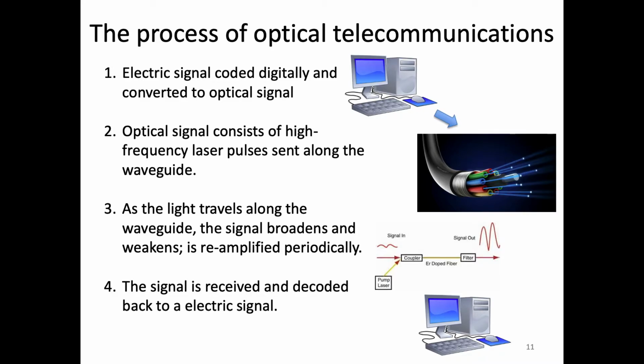But because these materials aren't perfect, the signal broadens and also weakens, so there tend to be points along the waveguide in which we re-amplify the signal. So there are amplifiers along the way. We'll talk more about this part in a second. Once it reaches the end, that signal is received and converted back into an electronic signal, and that's the information that we want.